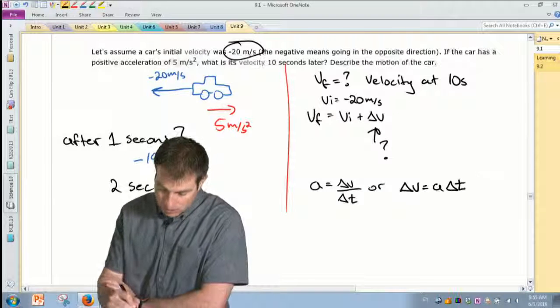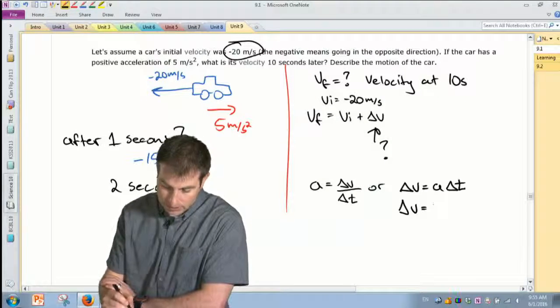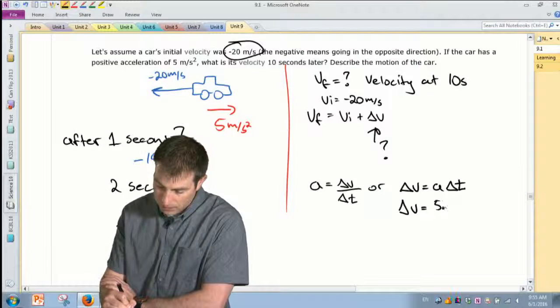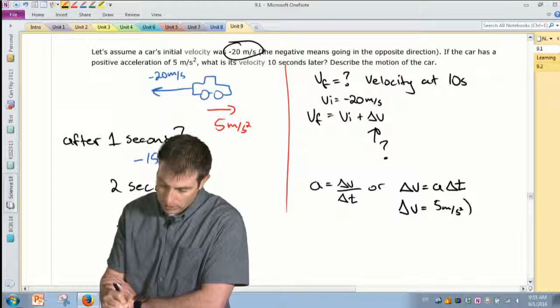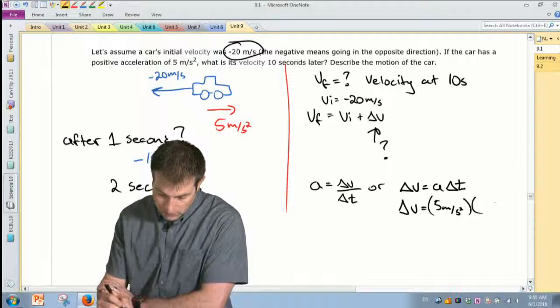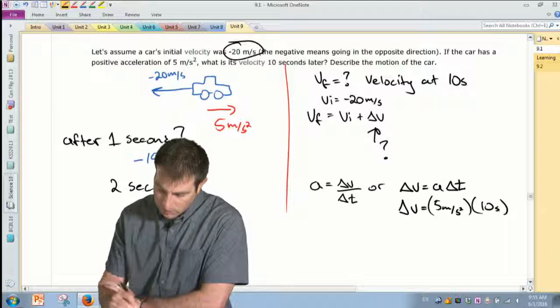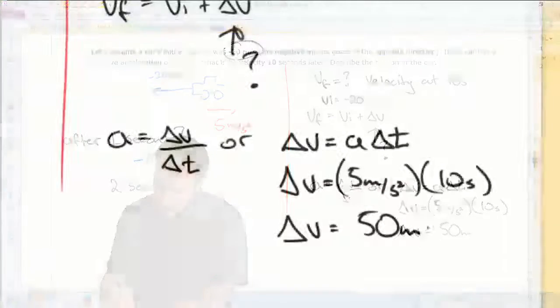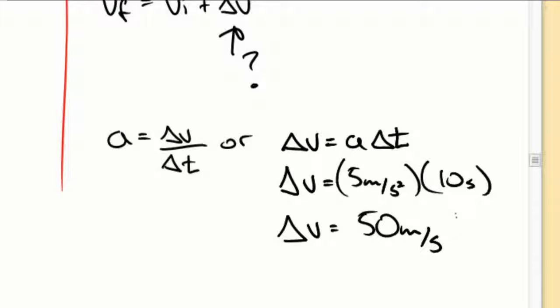All right, I don't know what change in velocity is, but I want to find it. My acceleration was positive 5 meters per second squared, and the time that I accelerated for was 10 seconds. So my change in velocity is going to be 50 meters per second.